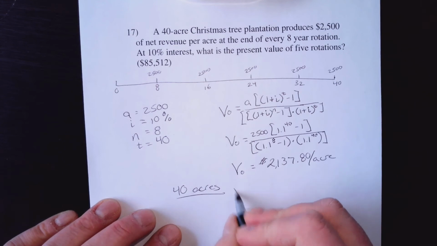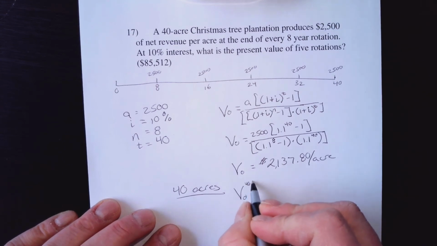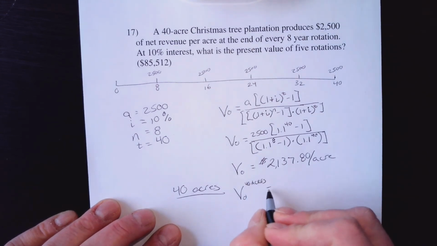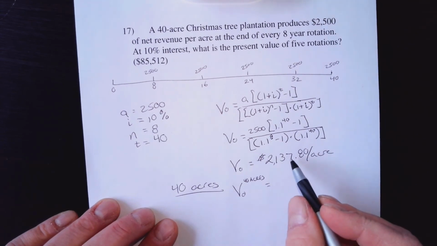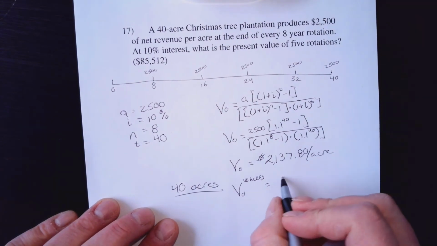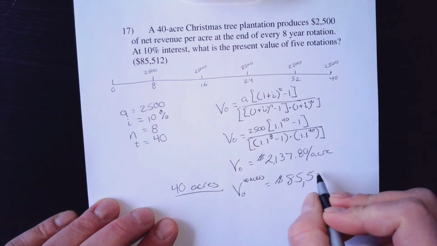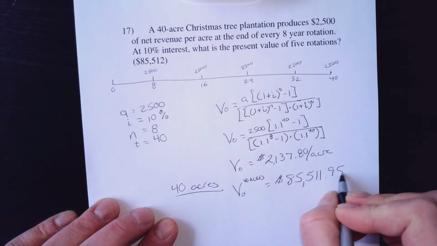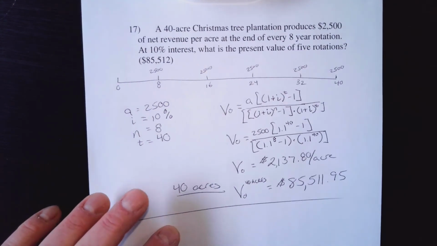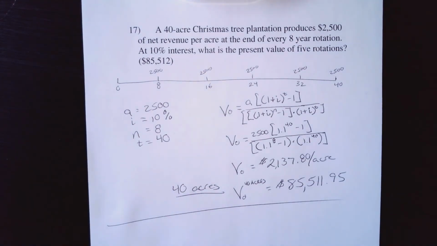We have 40 acres as well. So our V0 for the 40 acres is going to equal 40 times the per acre value, which gives us 85,511.95. That's what those 5 rotations of Christmas trees, where you're selling them every 8 years, would be.